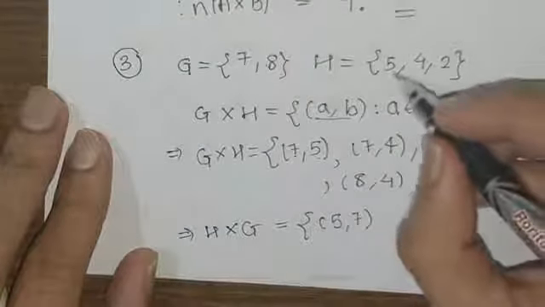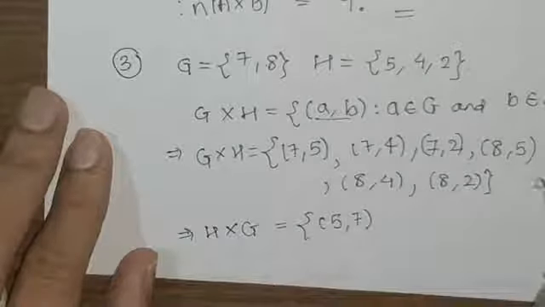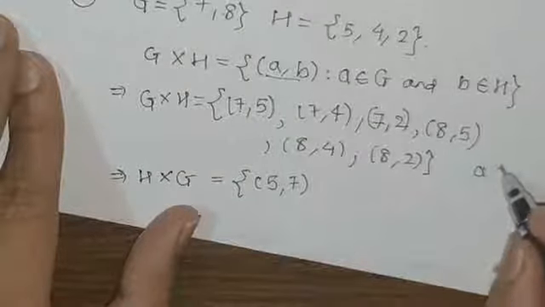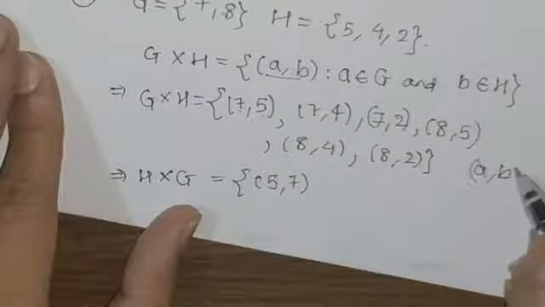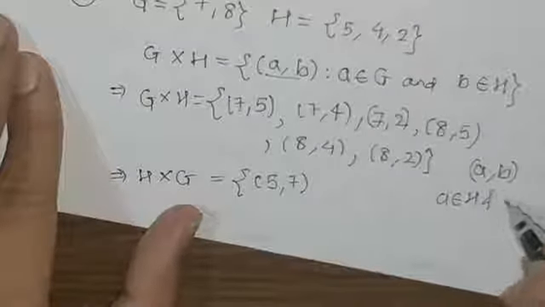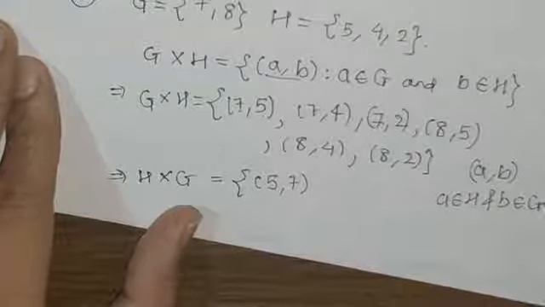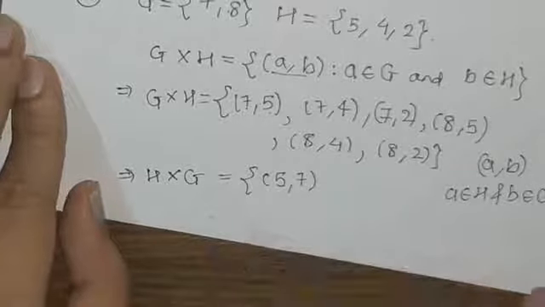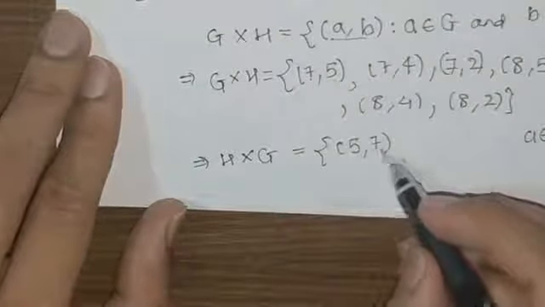You have to take elements of the type (a, b) where a belongs to H and b belongs to G for this set H cross G. So one element will be (5, 7).